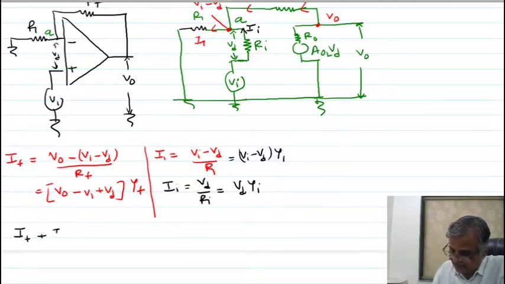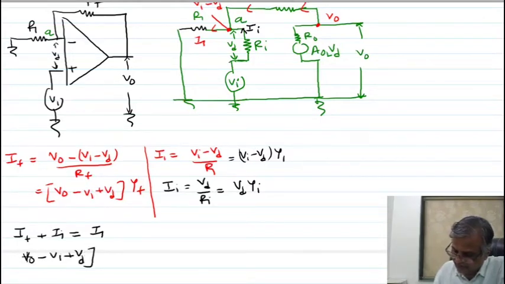If plus Ii is equal to I1. So using this equation I can write Vo minus Vi plus Vd into Yf plus Vd by Ri is equal to Vi minus Vd into Y1.